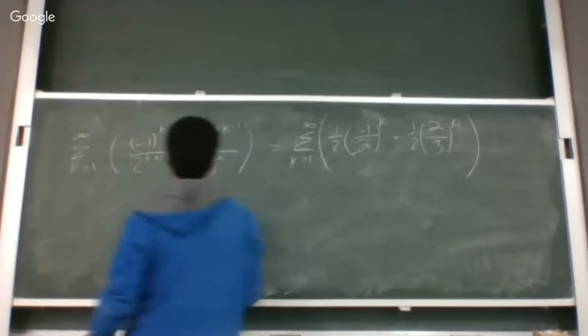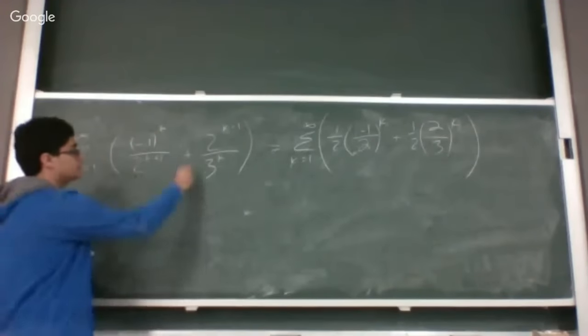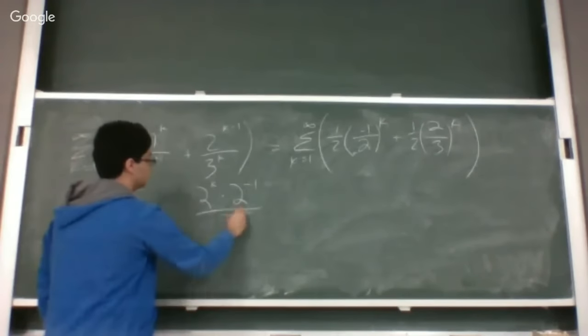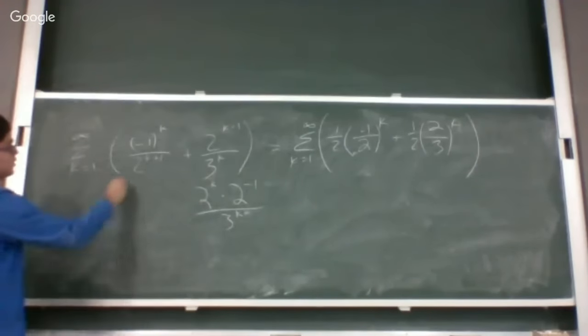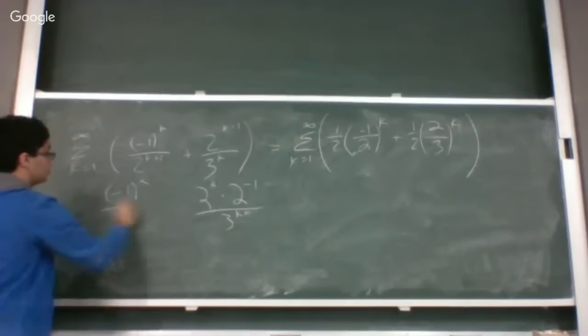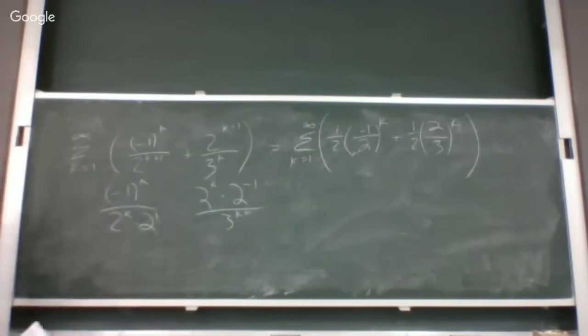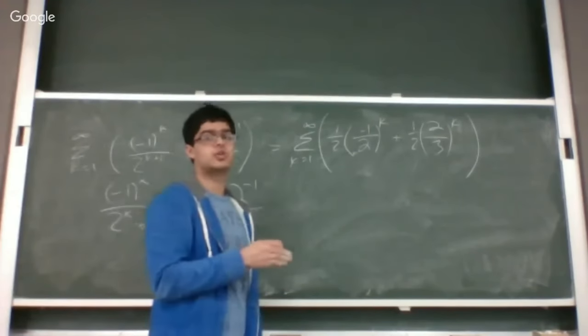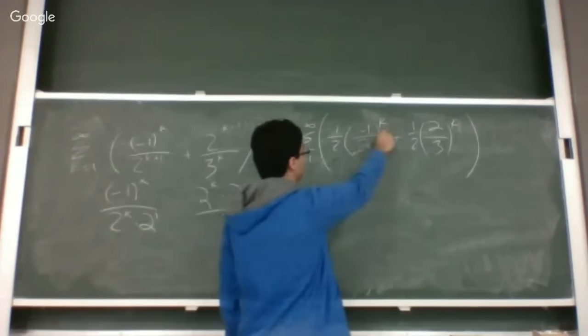Do you guys all see that? This would be 2 to the k times 2 to the negative 1 over 3 to the k, and then you simplify that. This is negative 1 to the k divided by 2 to the k times 2 to the first power. A is always the first term, so you need to plug in 1 here.